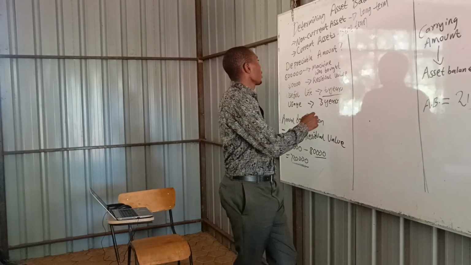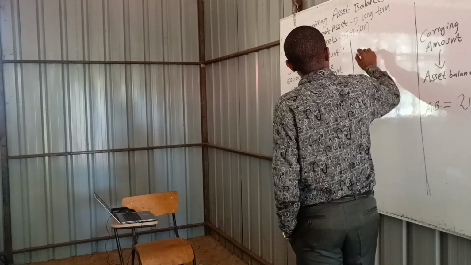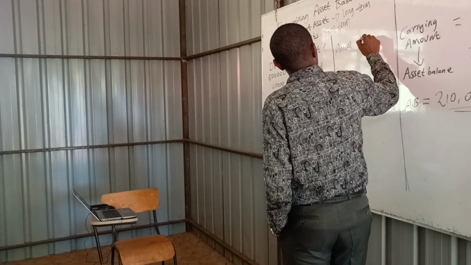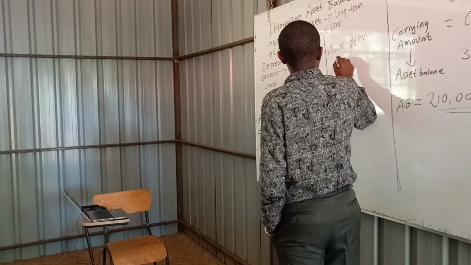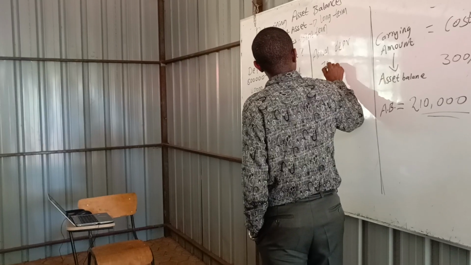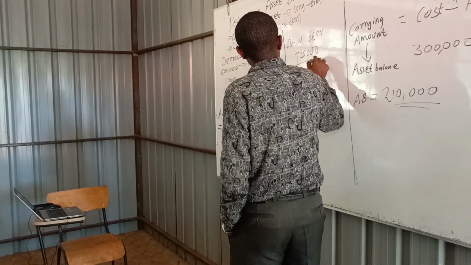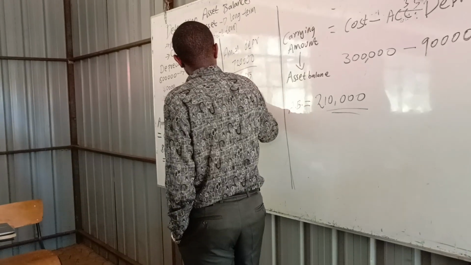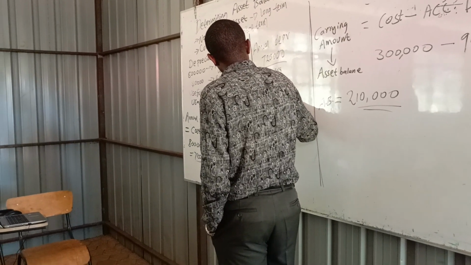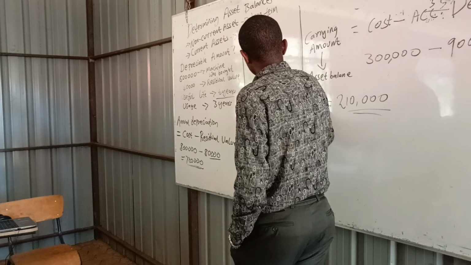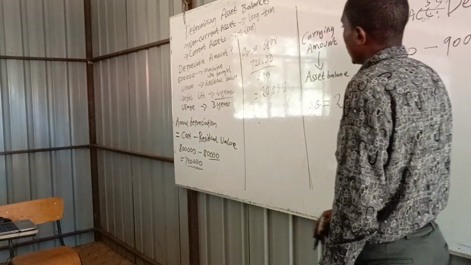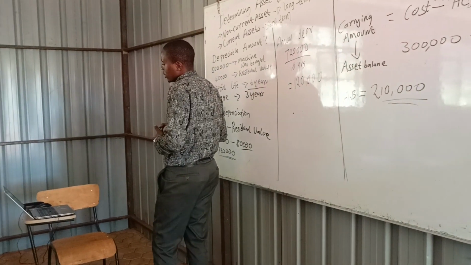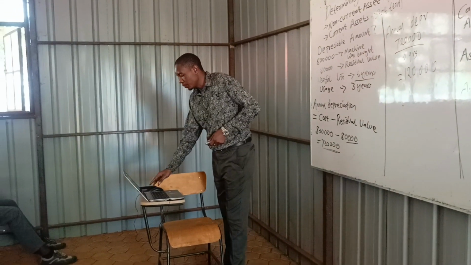So our annual depreciation will be what? 720 divided by 6 years. So we get how much? 120,000. So every year it will depreciate by 120,000.